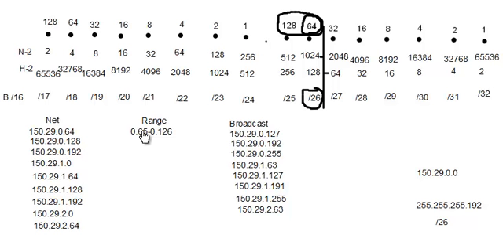And then you could use up all the 0.66, 67, all the way up to 0.126. And that gives you your first subnetwork. And it ends with the broadcast at 0.127.